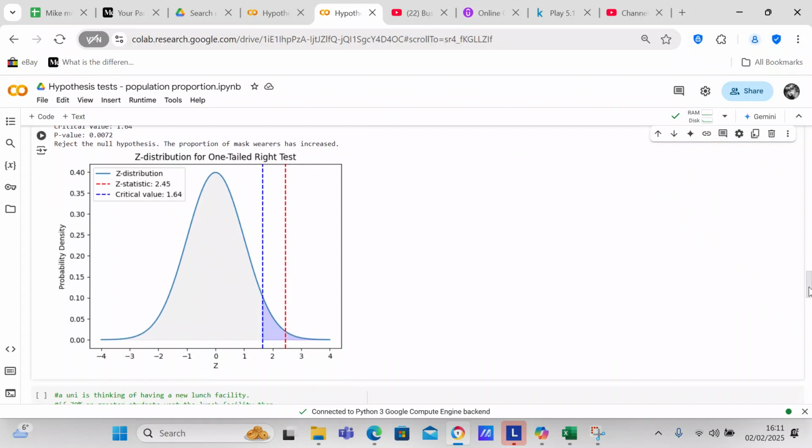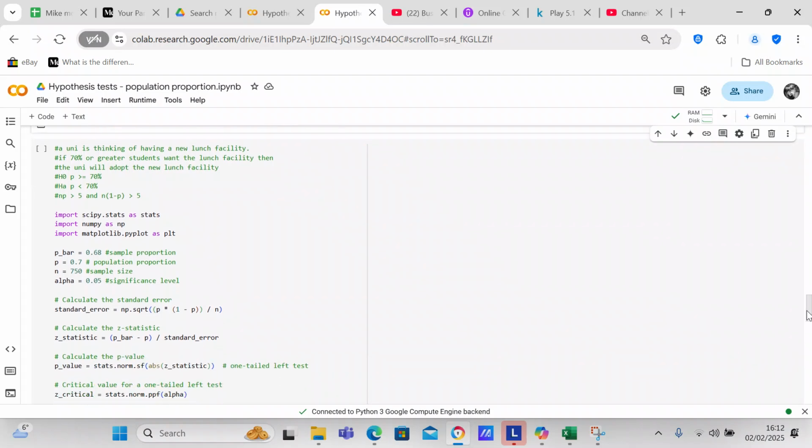And then what we do is we use matplotlib to actually visualize the normal distribution, which is also called a z-distribution. So you can see the normal distribution, you can see the z-statistic is 2.45, and the critical value is 1.64. And since the z-statistic is in the rejection region, then you have to reject the null hypothesis.